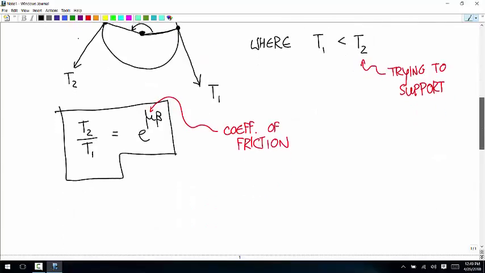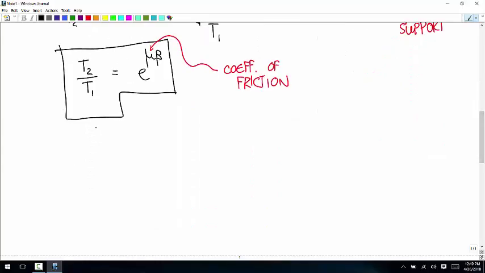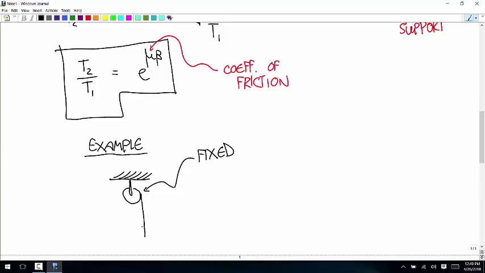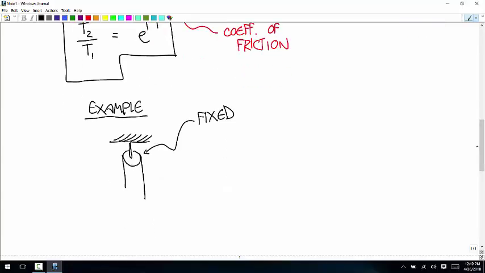Okay, so let's see how this works. So let's say that there's a pulley attached to the, well, it's not a pulley because it doesn't rotate, but so let's say this thing is fixed, and we have a cable leaving on one side and supporting a 100 kilogram mass.